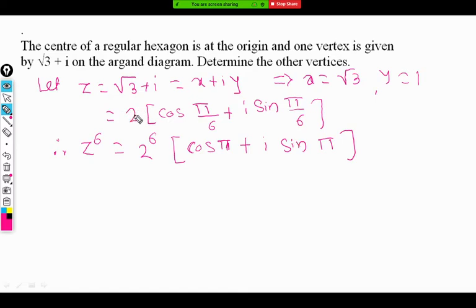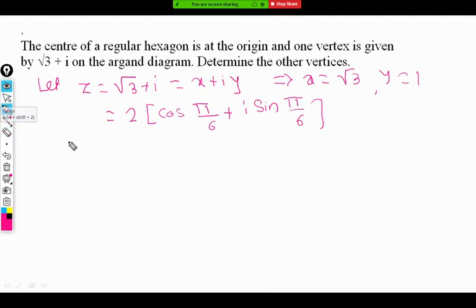So this is one of the roots. Now, if we add 2k pi there, there is no need to take z raised to 6 here. That is my mistake. So we converted that one root of the complex number into polar form. Now we'll convert that into a general polar form directly.